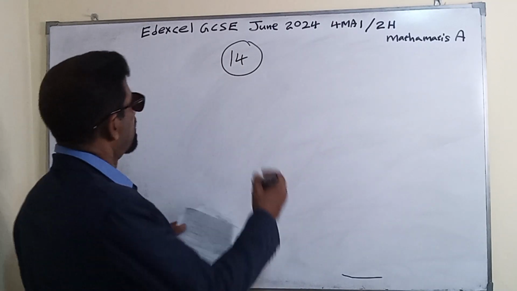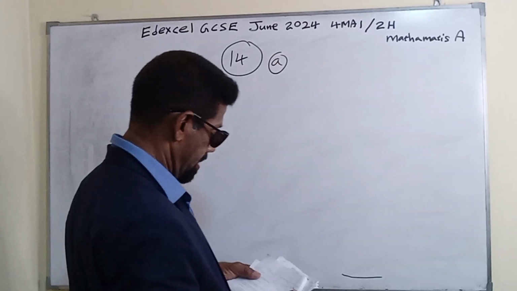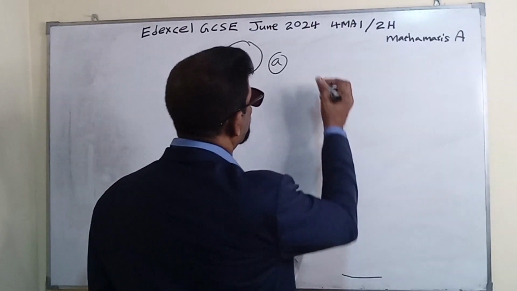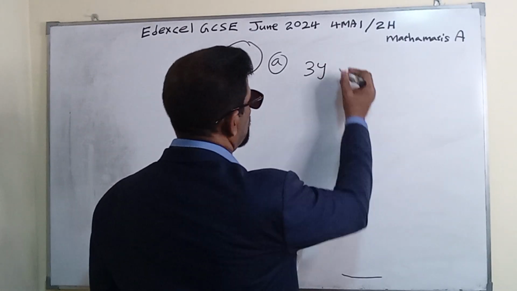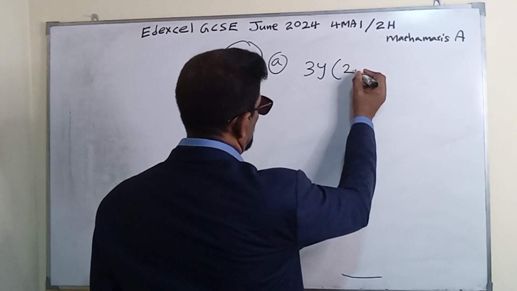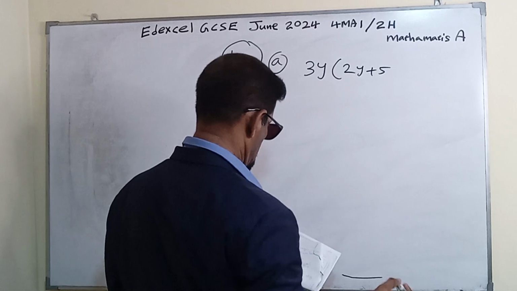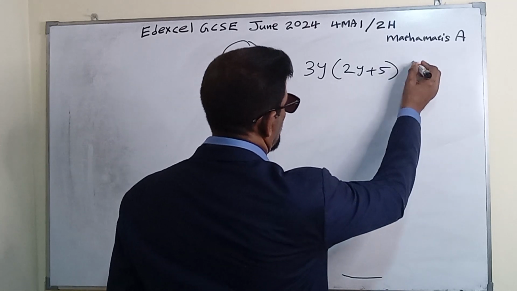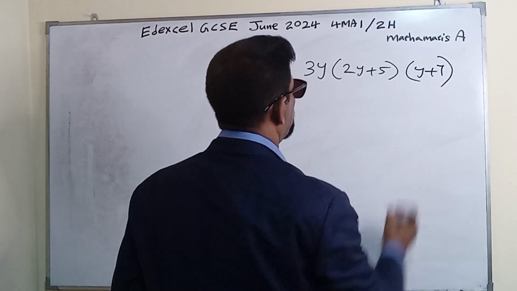Okay, open brackets: 3y, 2y plus 5, y plus 7.